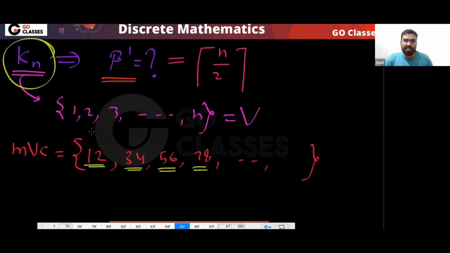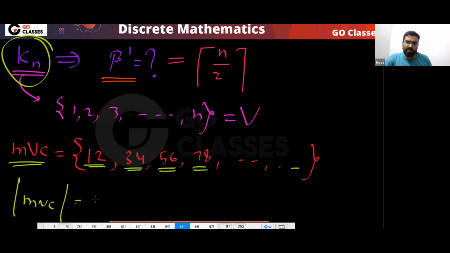Between every 2 vertices you have an edge, this is your complete graph. So you can take this edge, this edge, this edge, and so on. So finally, the size of minimum edge cover will be ⌈n/2⌉. Yes or no? So like this you can do for Kn. So this will be the idea.